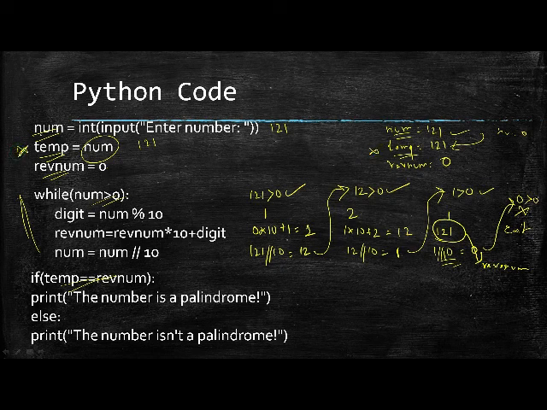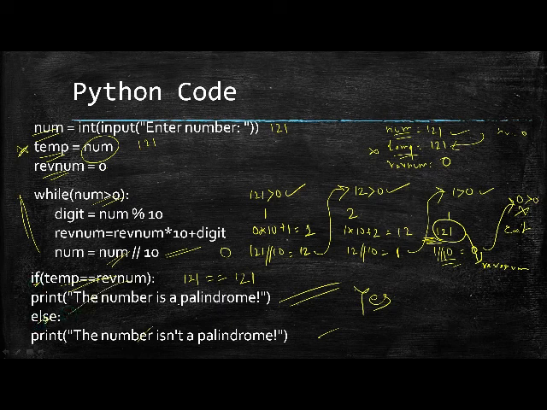Num is already updated in this step every time, and now it is in the 0 state. So temp, which is 121, equals the reverse number 121. Yes, it is true, so we will print yes, it's a palindrome. Had it not matched, we would have said no, it's not a palindrome. So it's a simple if-else condition, and we are printing the result.